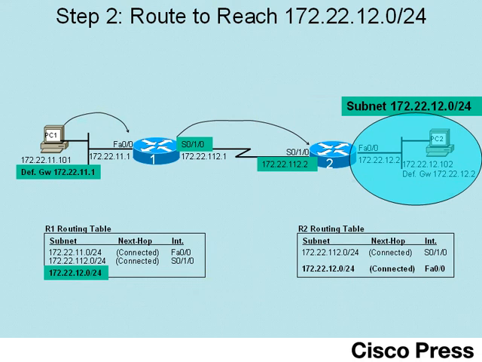And we need to tell router 1 how to forward packets destined to that subnet. So we might tell the router, put in a next hop IP address of router 2's IP address, namely 172.22.112.2, or we could have told router 1 to just send the packet out its serial 0/1/0 interface. Now once the packet arrives over at router 2, router 2 already has a connected route to PC2's subnet, so router 2 already knows how to forward the packet.